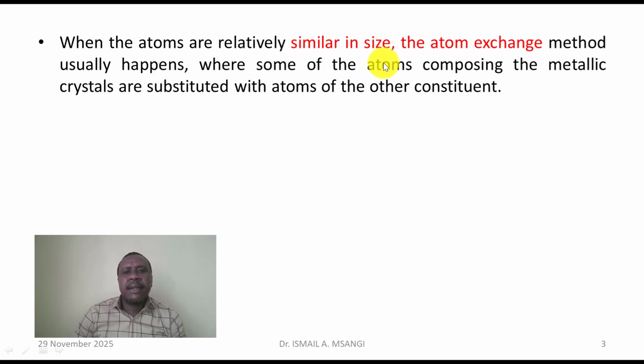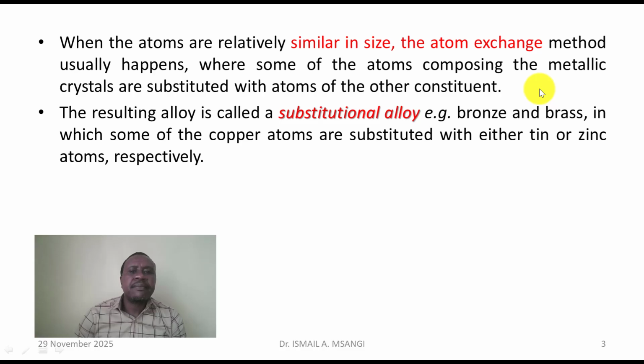So when atoms are similar in size, we expect the atom exchange mechanism to happen, where some of the atoms will be replaced or substituted by other constituents of the mixture.